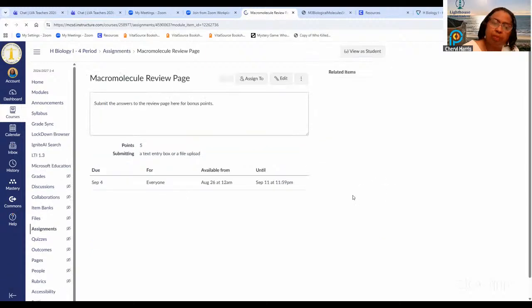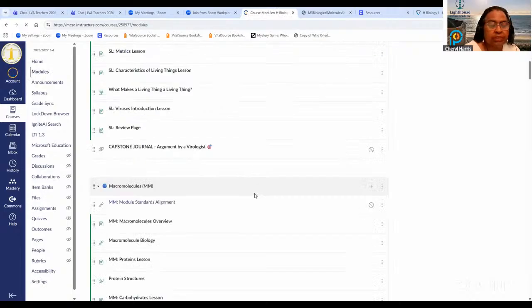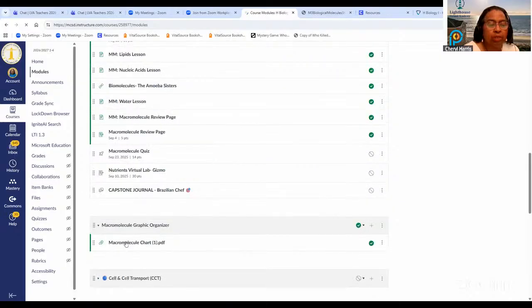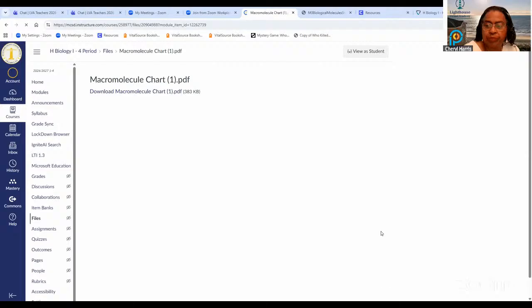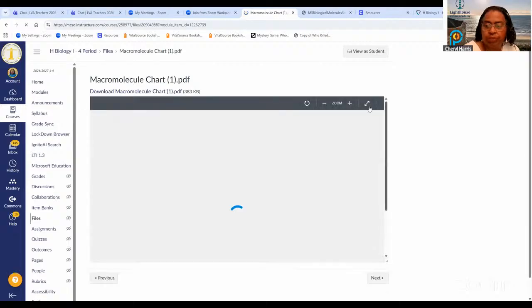Come on. Actually, it is going to be easier if I do this. All right, the other thing I want you to remember that you have as a study tool that you will be able to use on the test is your macromolecule graphic organizer. So we're going to look at that for a minute. So what you need to answer that question is your handy dandy graphic organizer.